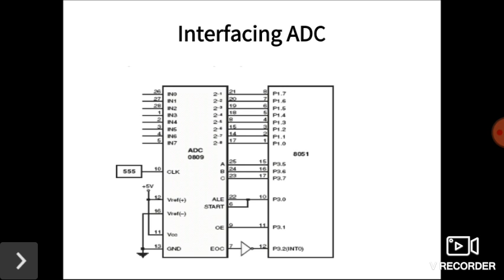The figure shows the interfacing of the ADC, and here we are using ADC 0809 from National Semiconductor. It accepts 8 different analog inputs on its 8 input channels and converts to the corresponding digital value at a typical rate of 100 microseconds per channel.